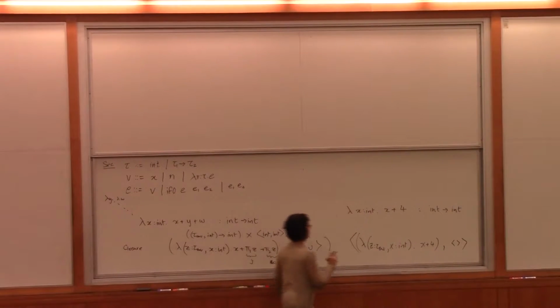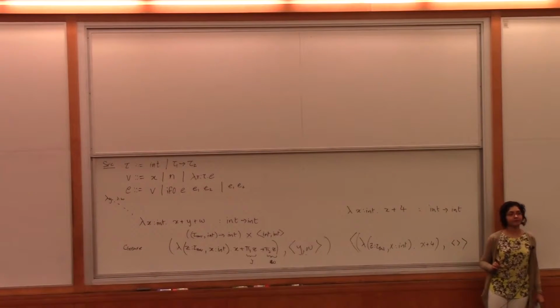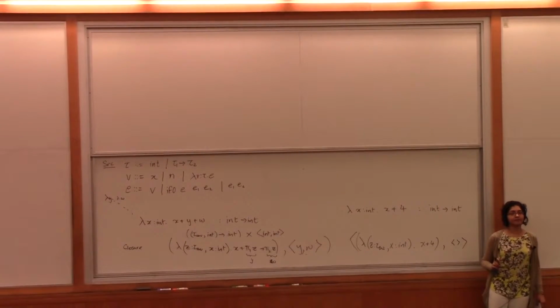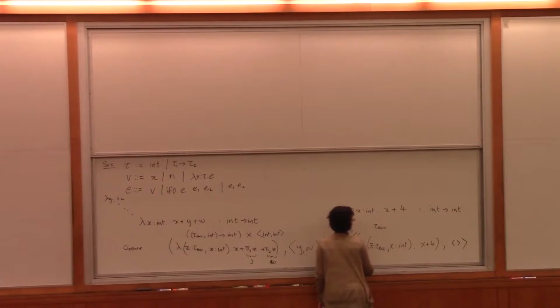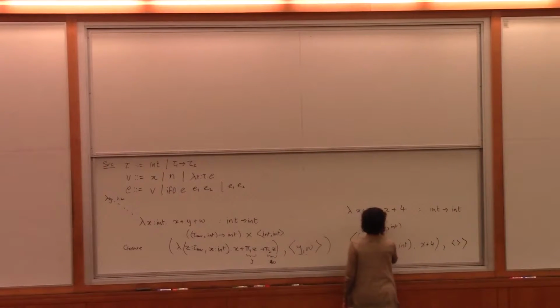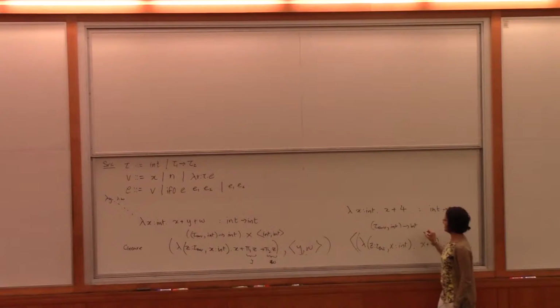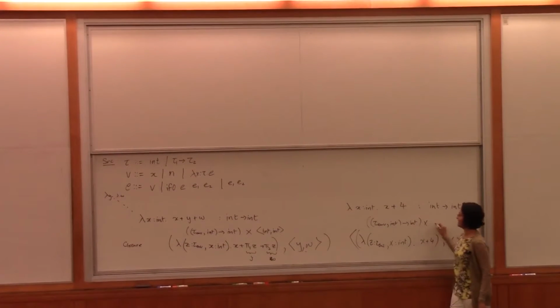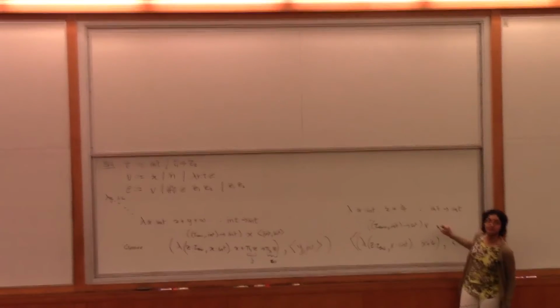Okay. How about this guy? What's the type of this function? It takes a tau n, right? And an int. Gives us an int. And then it's paired with, sorry?